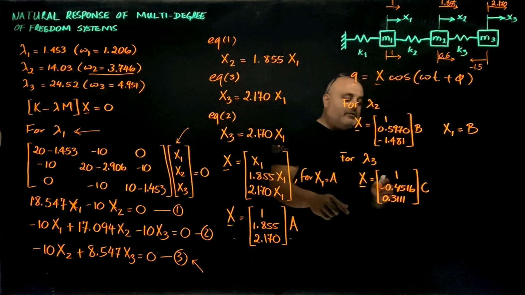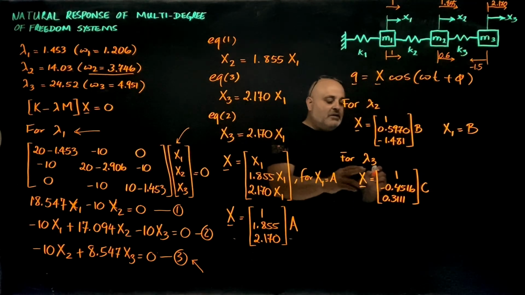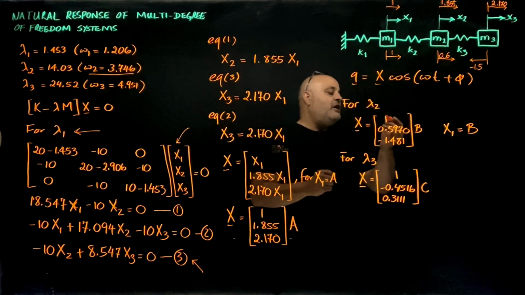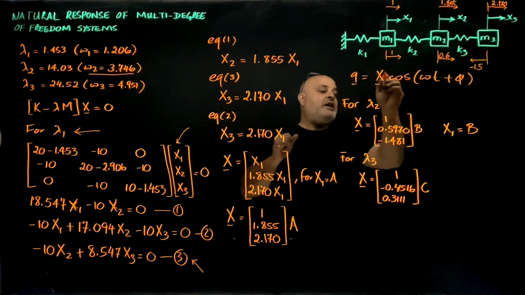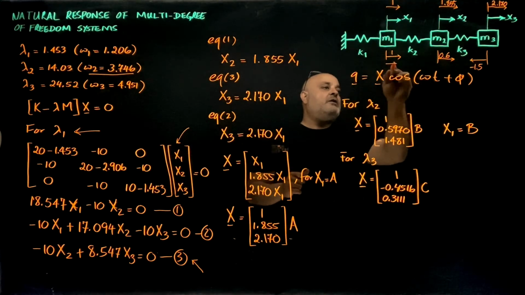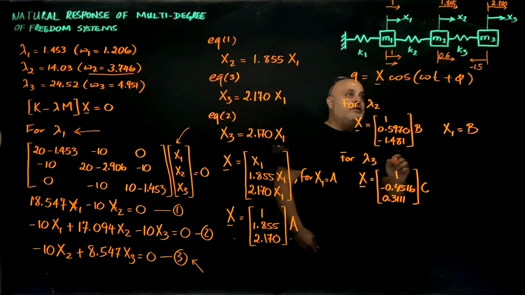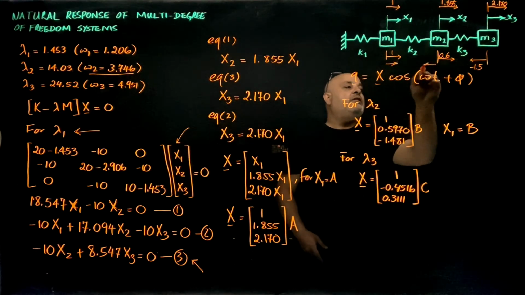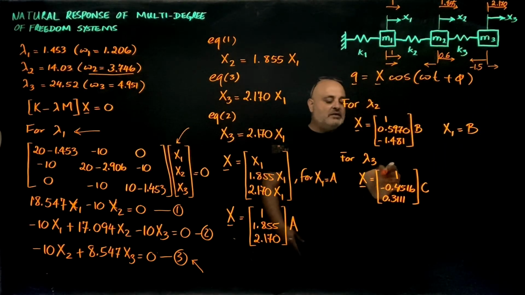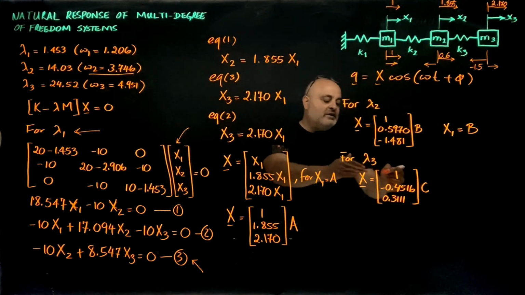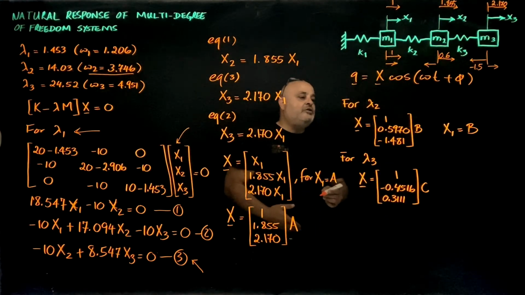Also for lambda 3, it is another mode shape, another way of possible motion, which is that if x1 is moving in this direction, then x2 will be moving in the opposite direction, and x3 in the same direction as x1, with these ratios of amplitudes.